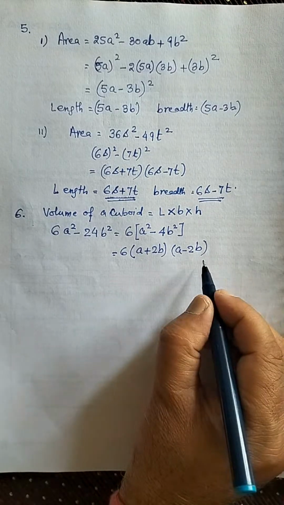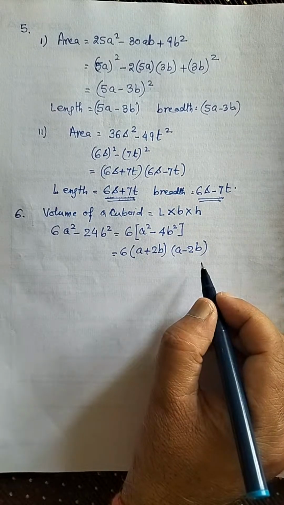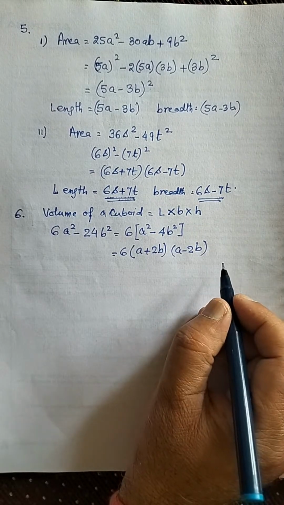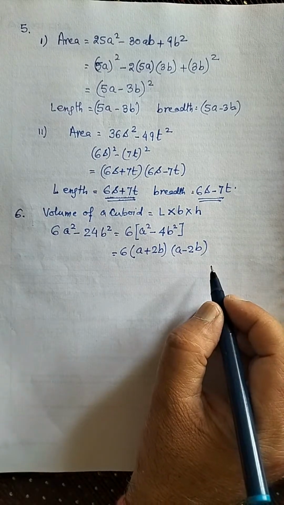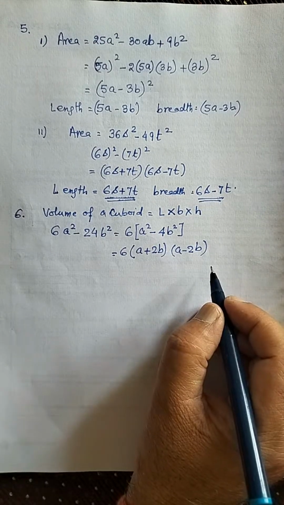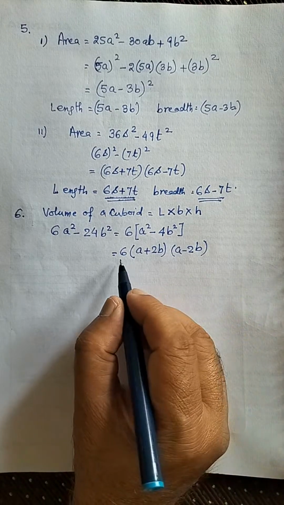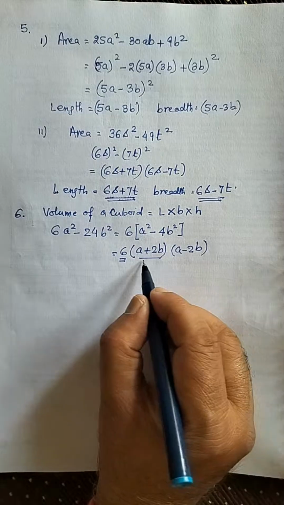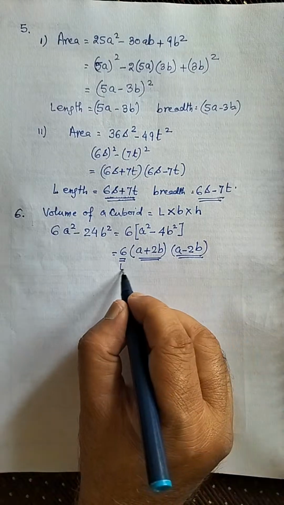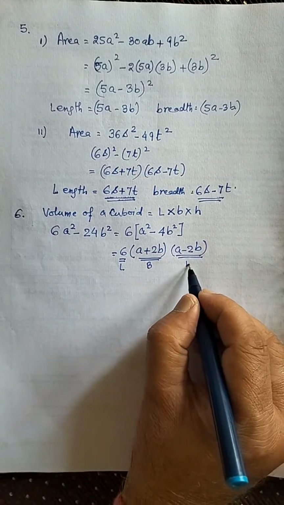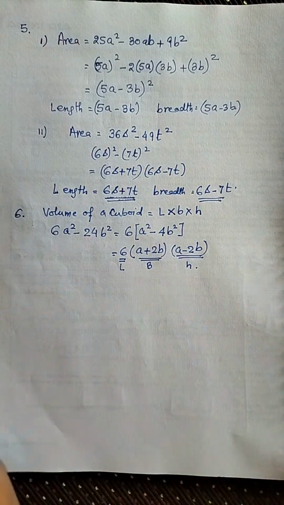Here I have done it directly, but when you do it for examination purposes, please do mention the relevant identity you are using at every step. Just in order to save time, I am doing it a little quicker because now you know how to do it. Now, these are the 3 factors, 1, 2 and 3. We can consider them as length, breadth and height. So, this is the answer for our 6th question.